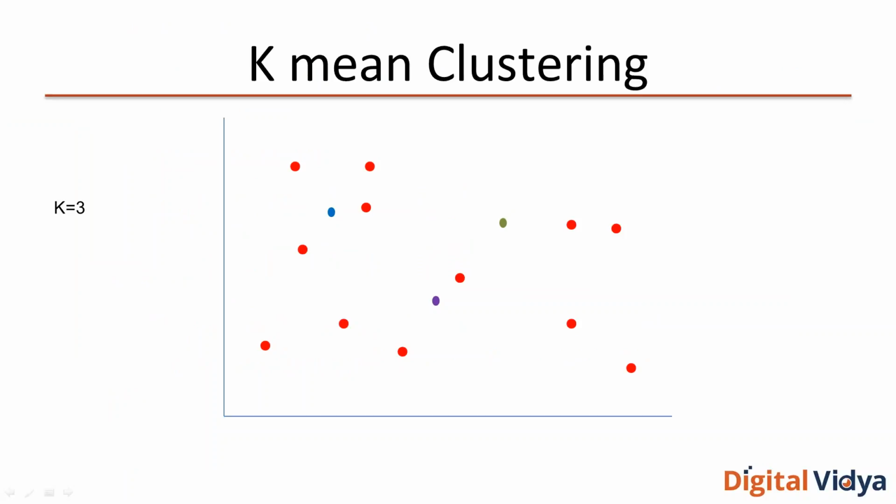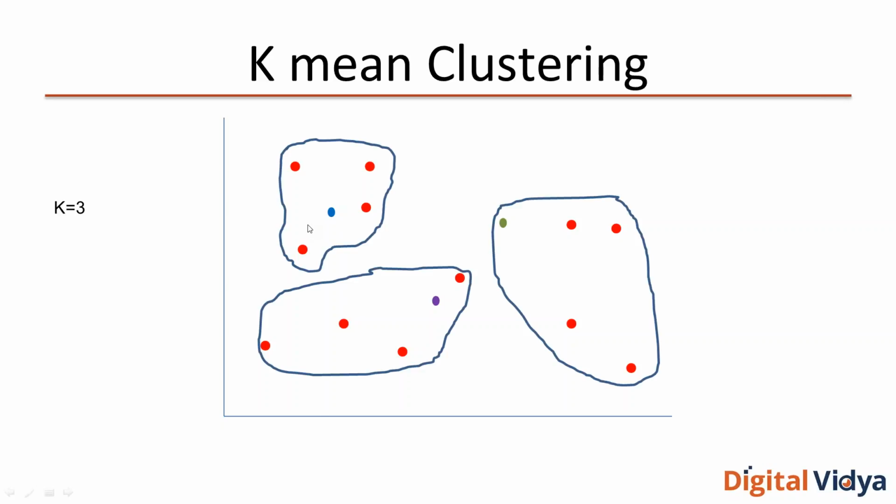Now for each point, you see the points which are close to it and you form them into a group. From this blue one, you see these 4 are the closest ones, so this is one group. These 4 are closest to this one, so this is one group. These 4 are close to the green one, so this is one group. So you say, this is your cluster.